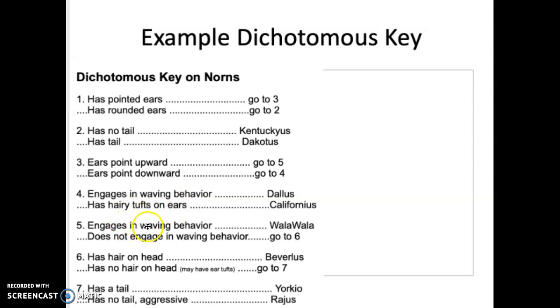The fifth characteristic that continues to separate the Norns is engages in waving behavior versus does not engage in waving behavior. The characteristics for 6 are has hair on the head and has no hair on the head. And 7 is has a tail versus has no tail / aggressive.